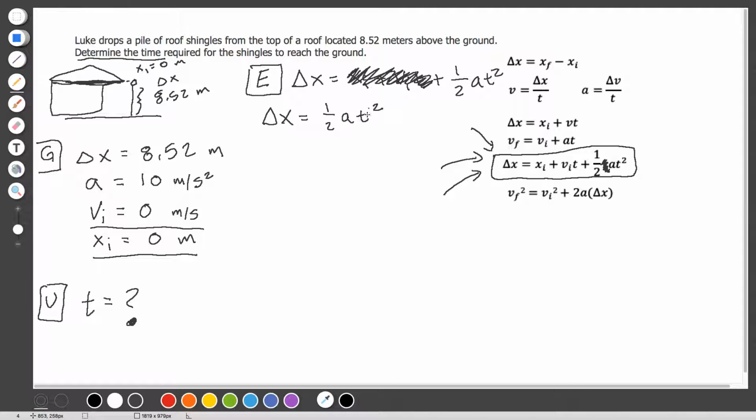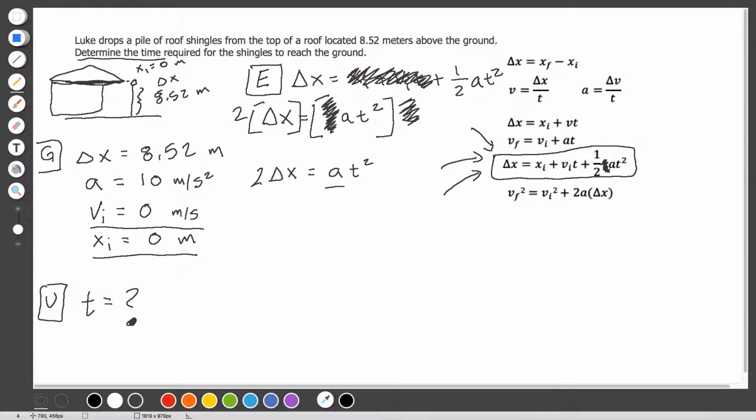Okay. Got to get t by itself. First thing to do, multiply both sides by 2, which cancels out this 1/2. And we have 2 delta x equals at squared.